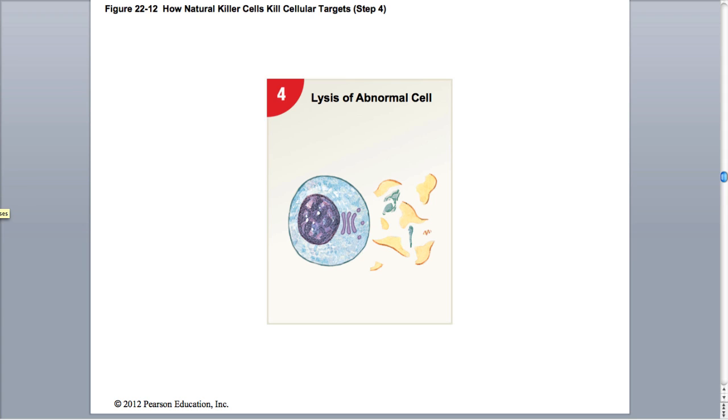Because if you already have a virus-infected cell and you let it stay inside that cell, the longer it stays inside that host cell, the more viruses it can make. But if you destroy the cell, the viruses already made have nothing more to do, right? They can't go anywhere. They can't make any more. So that's why you want to bust that cell.